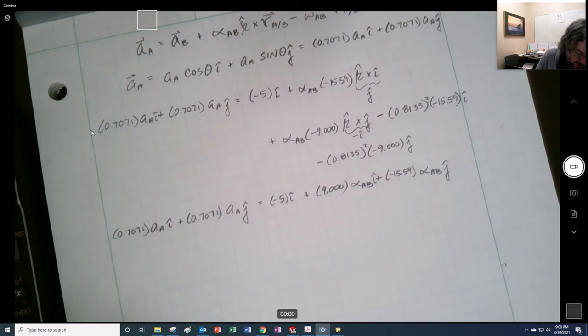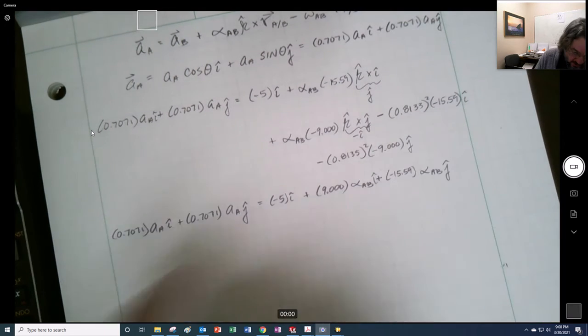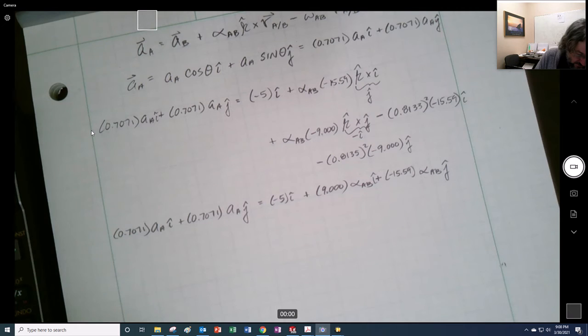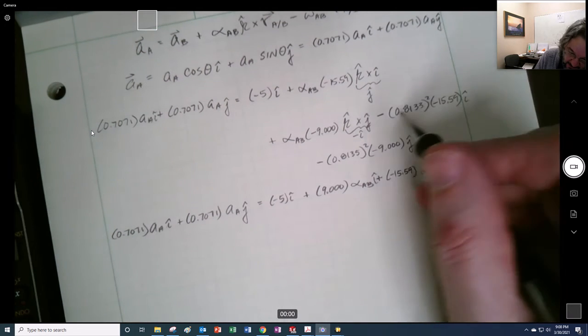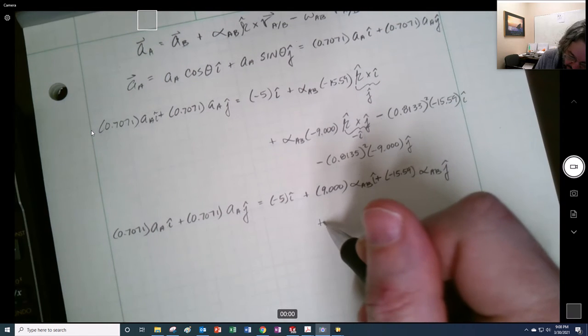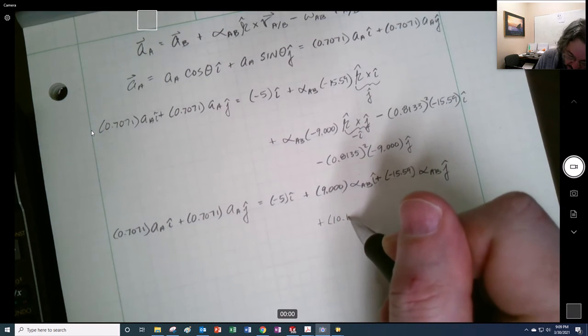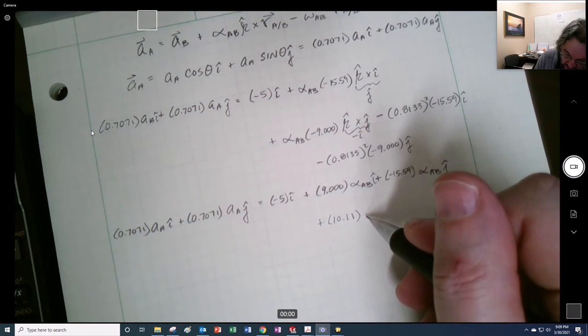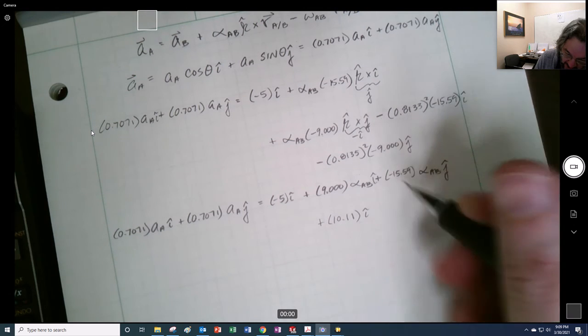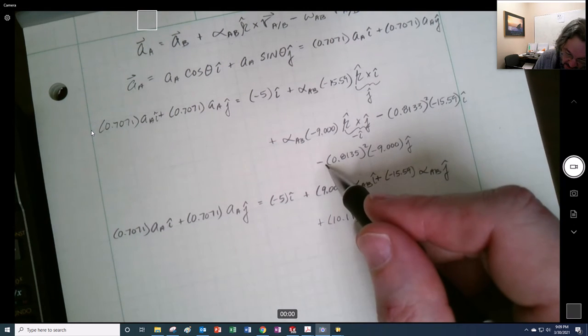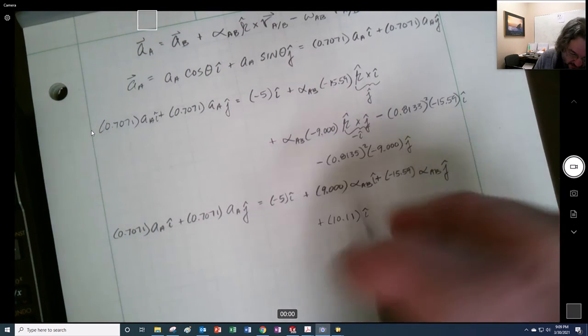We got 0.8133 x squared times 15.59. And this is negative and negative, so we're going to be plus 10.11 I. And then there's a negative and a negative, so that's nice.